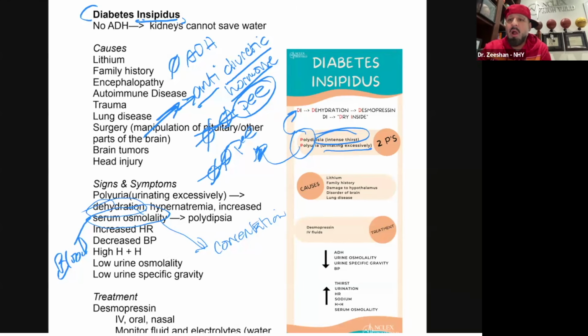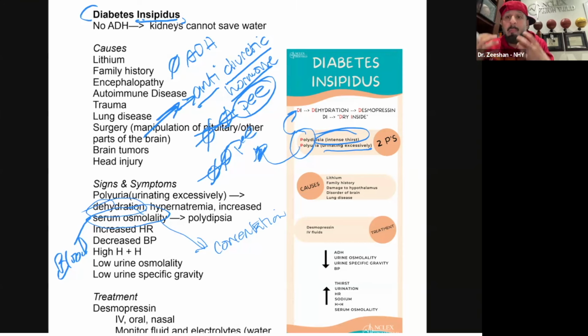So now I ask you this question. In diabetes insipidus, all I'm doing is peeing, peeing, peeing. I'm trying to replenish it. I've got this intense thirst, but am I catching up with how much I'm peeing out? Probably not. So I'm peeing, peeing, peeing, which means that my serum is lacking fluid.